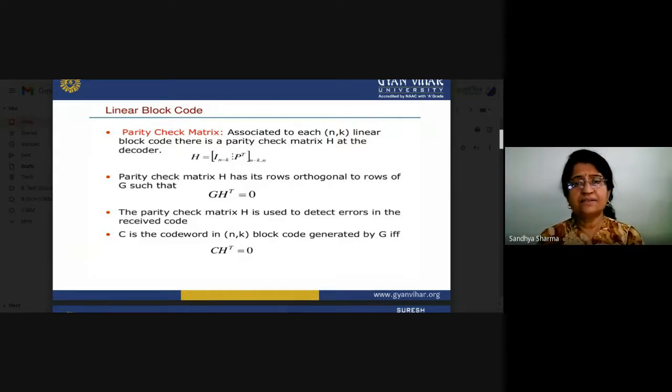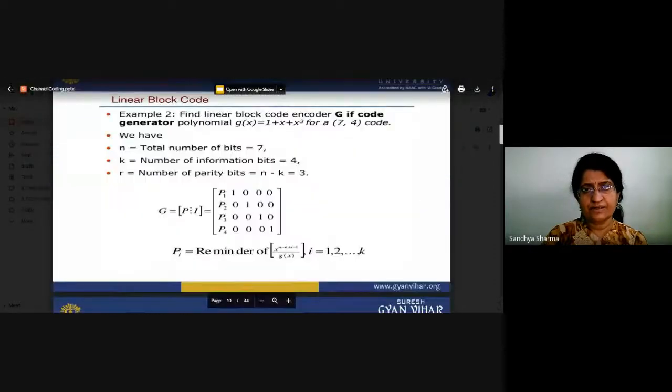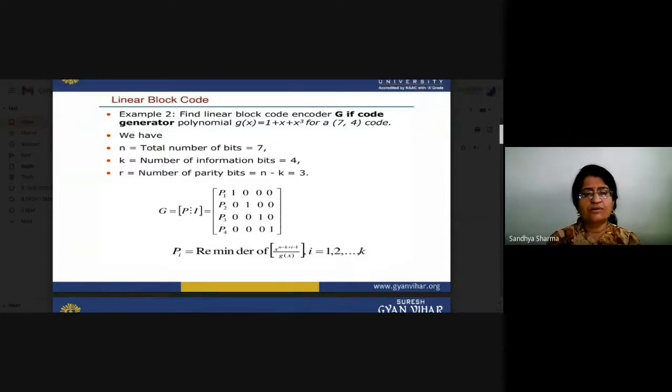After that, we will see how we can recover our signal. We will revise a little bit here: that is the generator matrix G. So what about the Pi? You have to calculate the Pi as the remainder of the equation x to the power n minus k plus i minus 1, upon g(x), where i is equal to 1 to k.